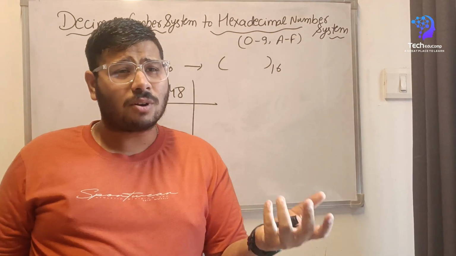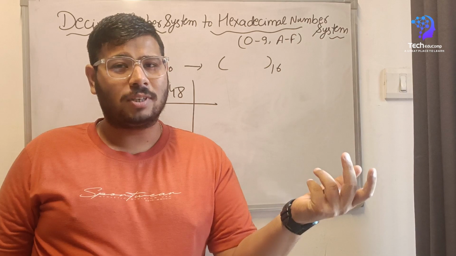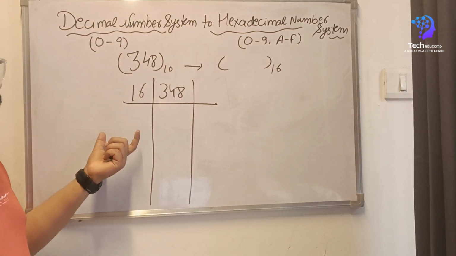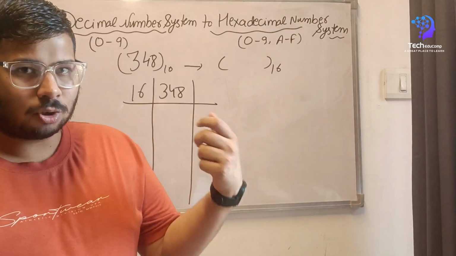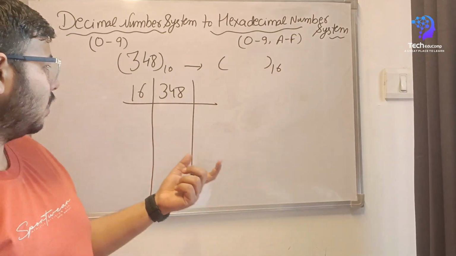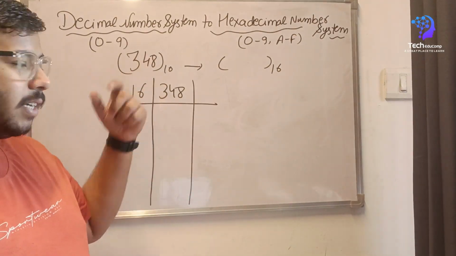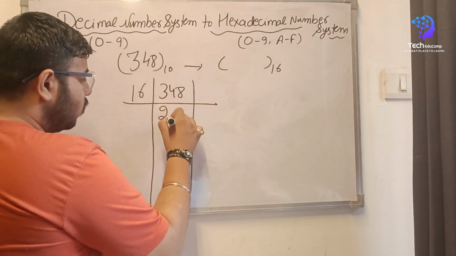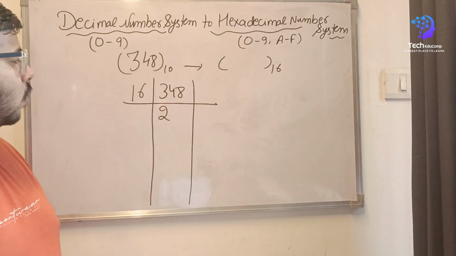For every division you have to remember your school time tables. 16 into 2 is 32, 16 into 3 is 48. Yes, 48. So 34 is smaller than 48. So 16 into 2, it will be 2 here. Then what's the remainder? 28.